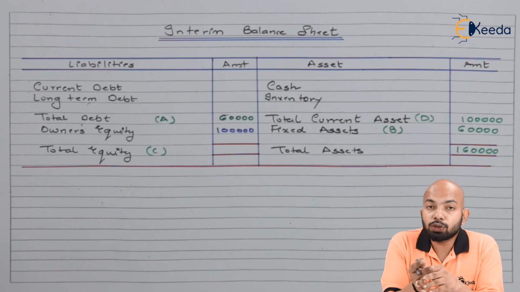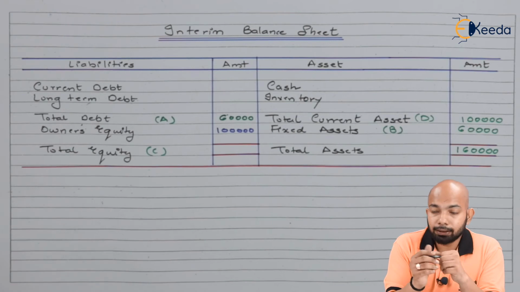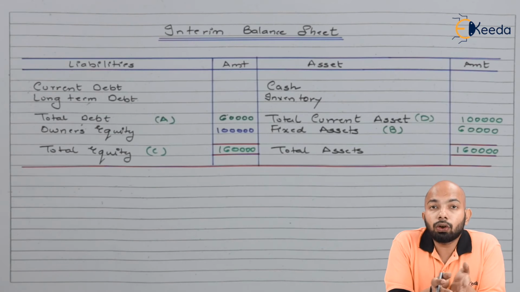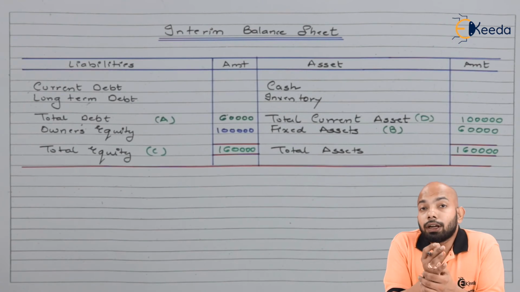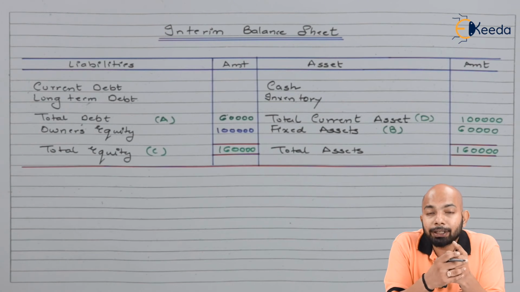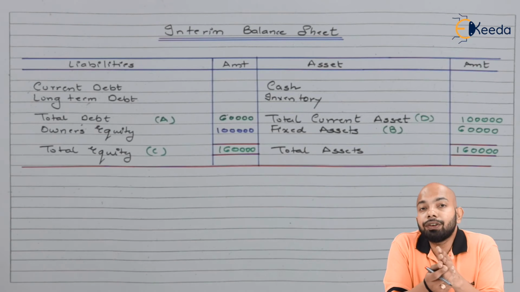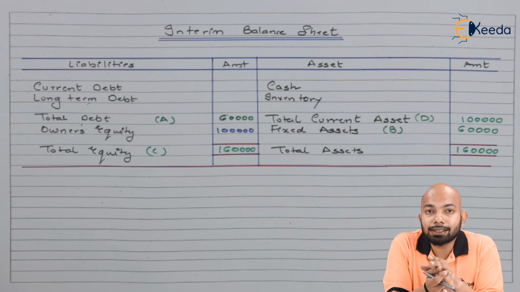Total equity which was found out as 1,60,000 has also been mentioned there, denoted as C. So if you can clearly see, the total equity is the total of the liability side, and the total of assets on the asset side is the total of the complete asset side here. That means total asset is the complete total asset. When we do a segregation of it, it is divided into current assets and fixed assets.